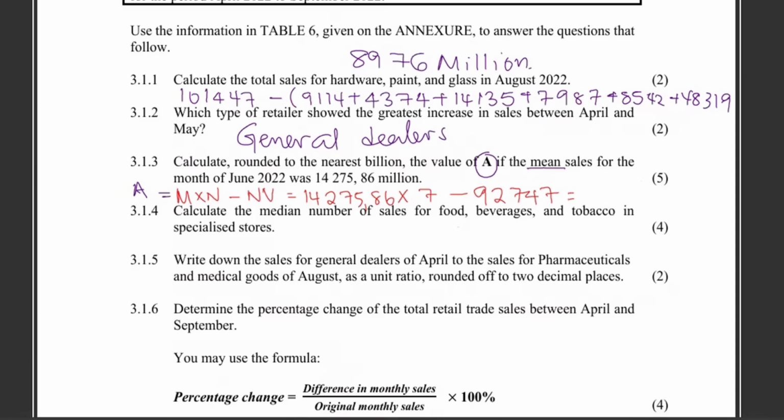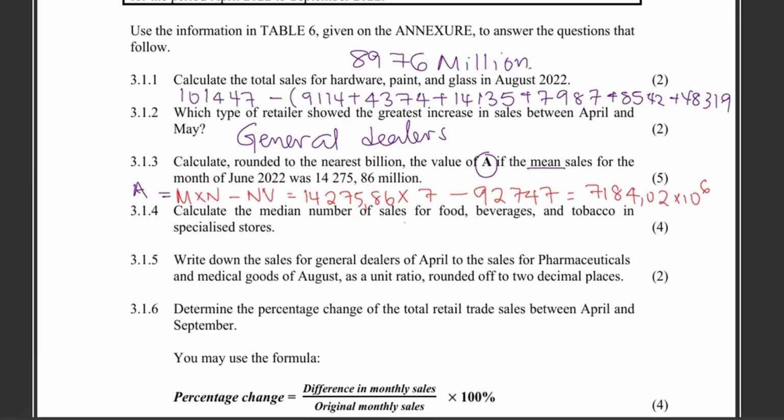So the value of A becomes, to the nearest billion. That means you have to turn this into million. You multiply by 10 to the power 6. So they are saying to the nearest billion. A billion should have 9 values. To the nearest billion. These are millions.